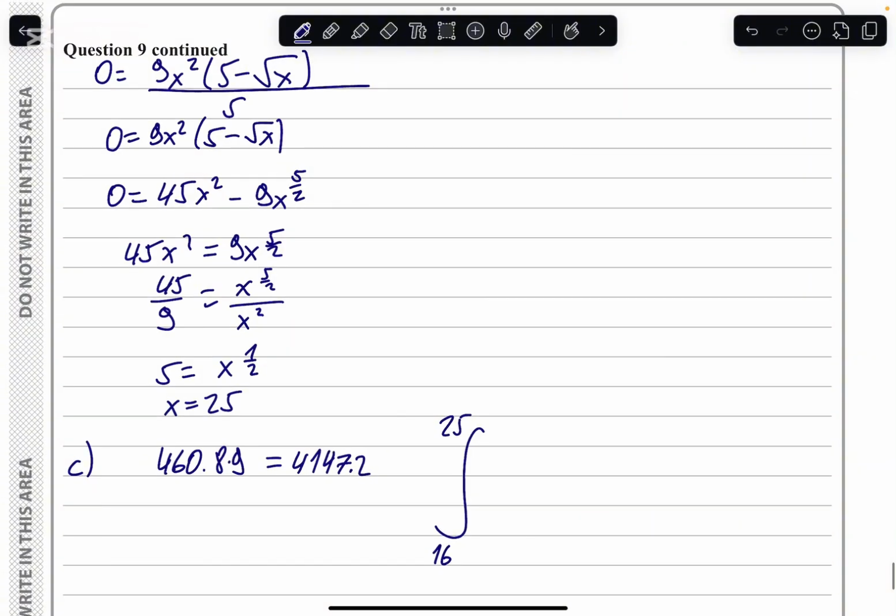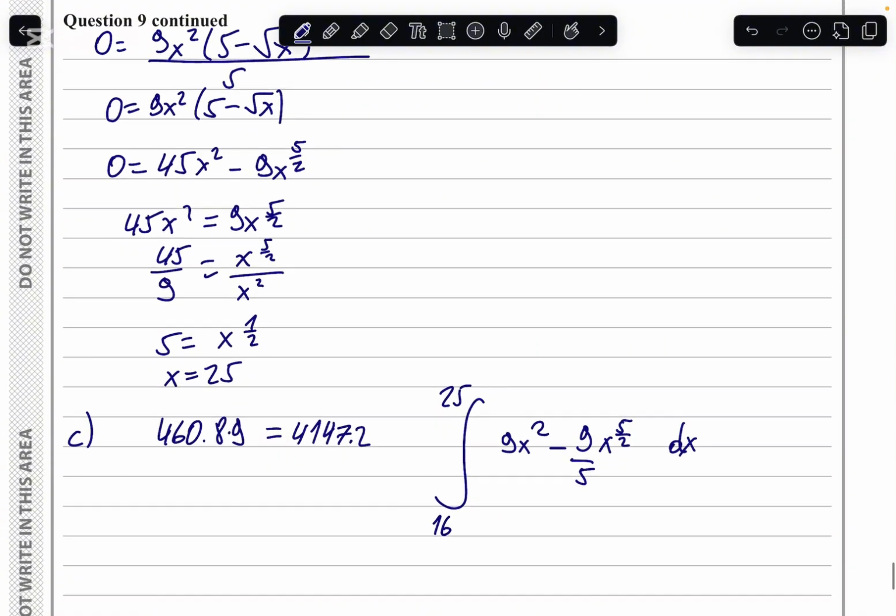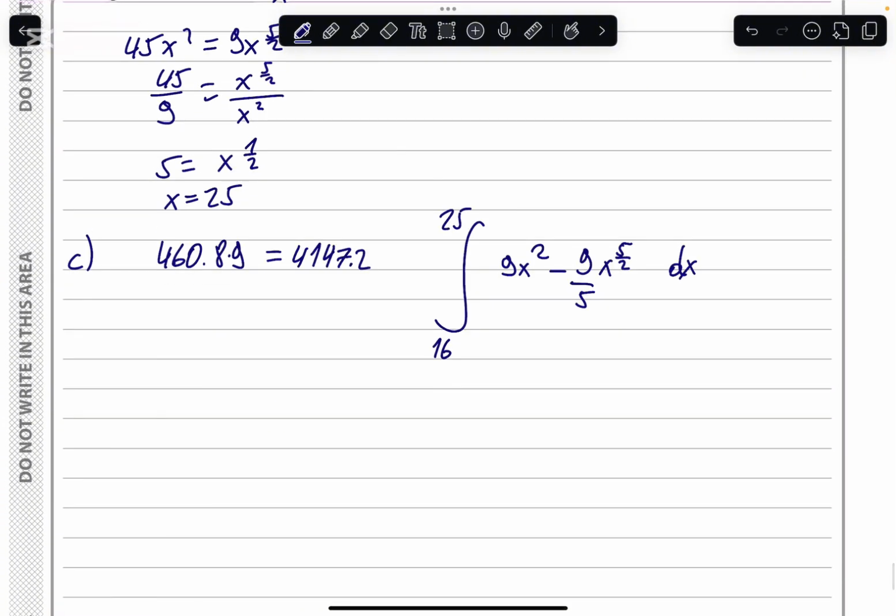We have to put the equation in here, and we need to integrate that. So how we integrate? We add 1 to the power and we divide the number in front of the x with the new power. So that will become x cubed, and 9 over 3 will become 3.